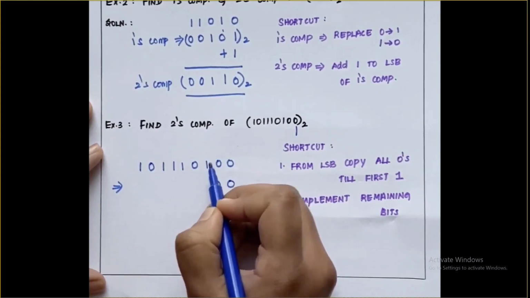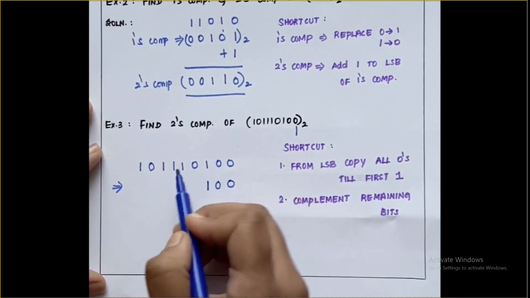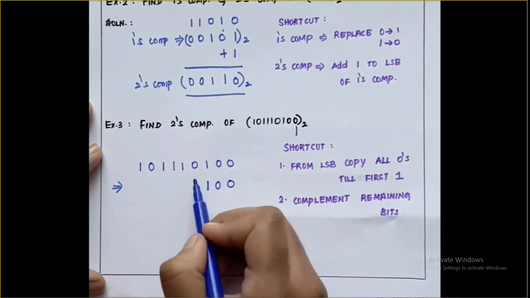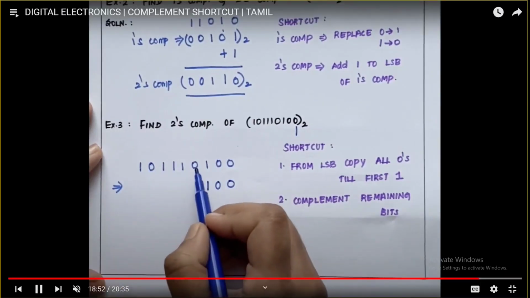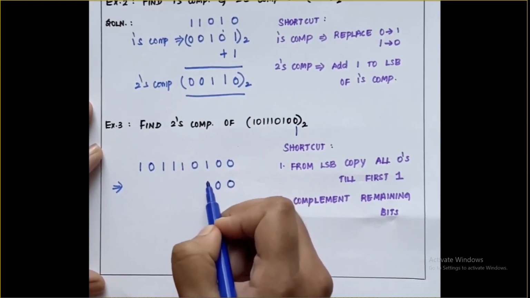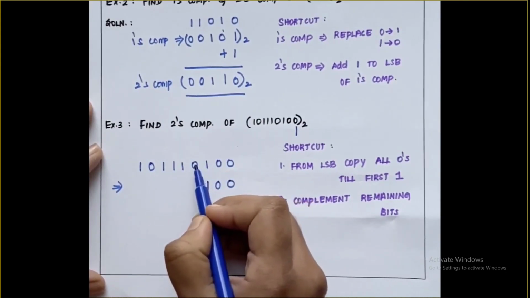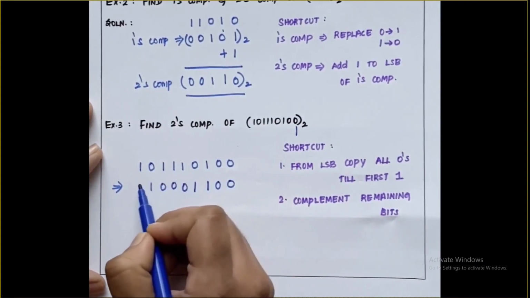The first one we have got here, so copy it as such, and for the remaining values we have to take the complement, replacing 0 with 1 and 1 with 0. So here it will be 1, remaining 0, 0, 0, 1 and 0.